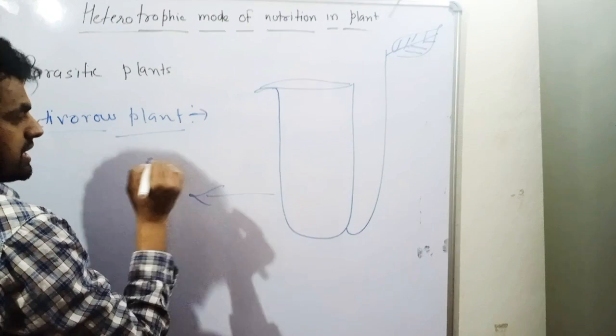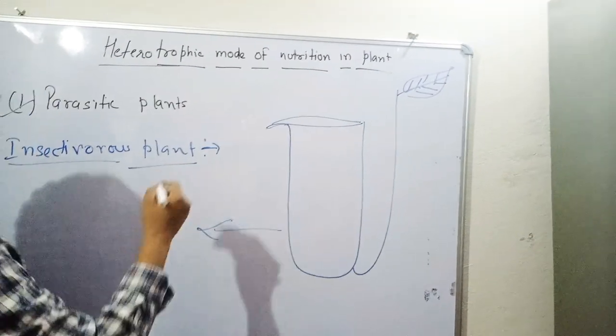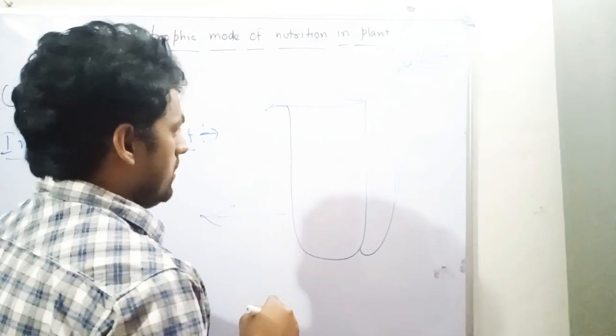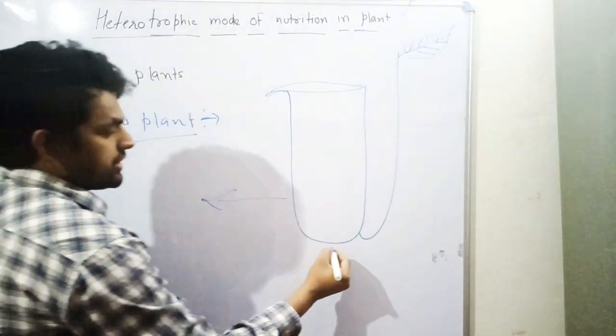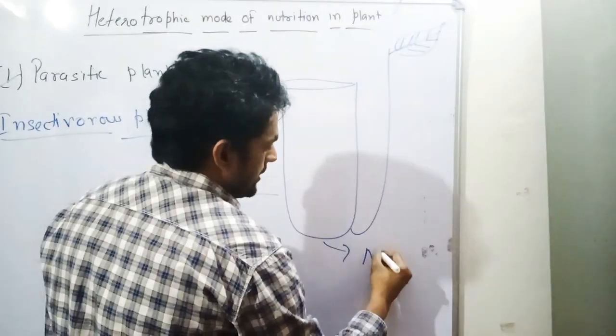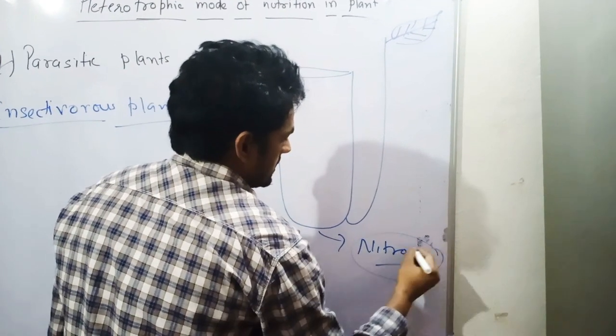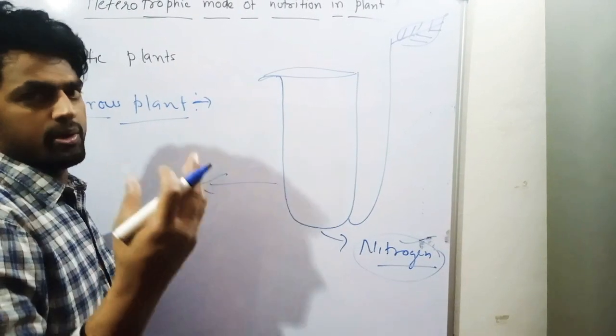They are green, they prepare their food by the process of photosynthesis, but they mostly grow in areas where nitrogen is in very little amount.